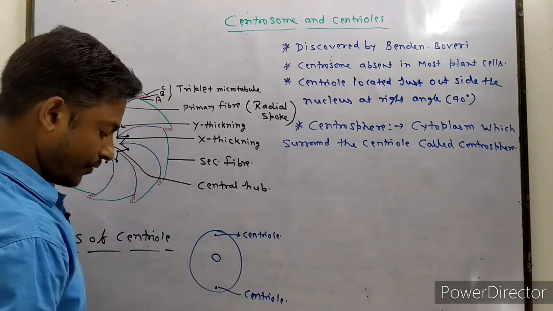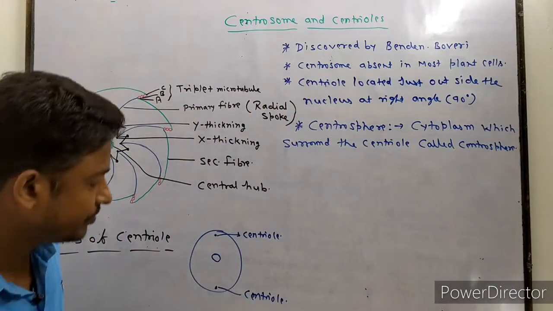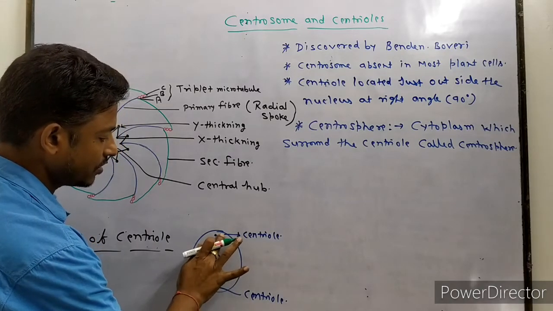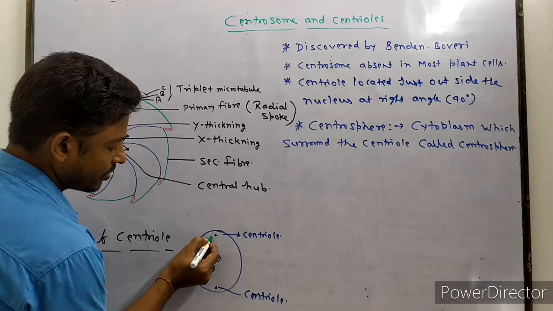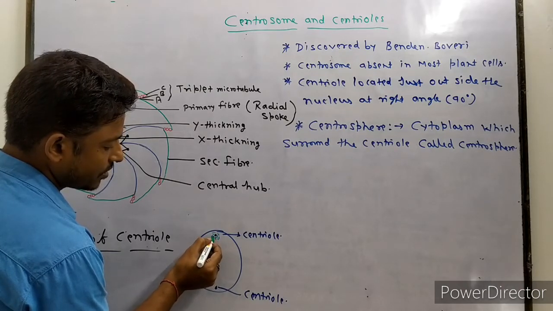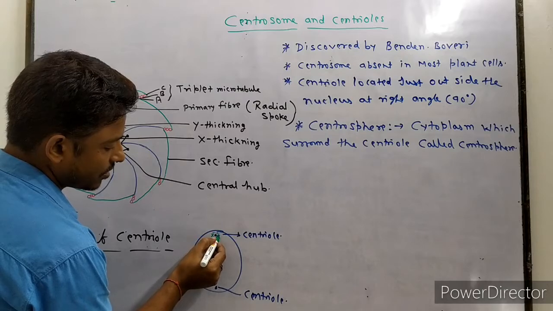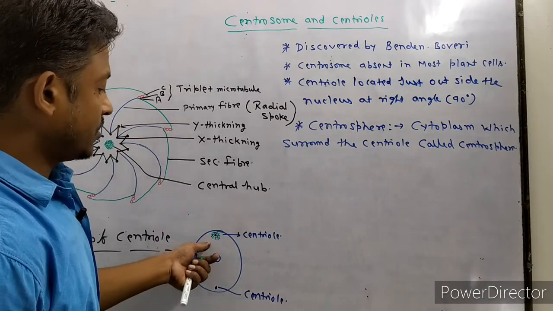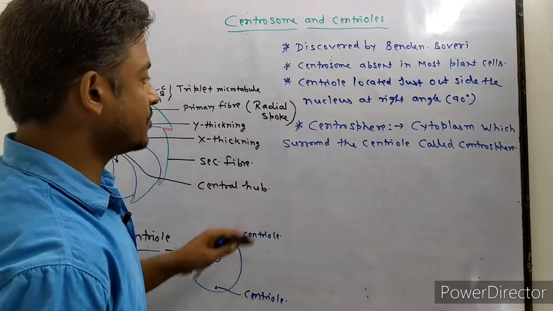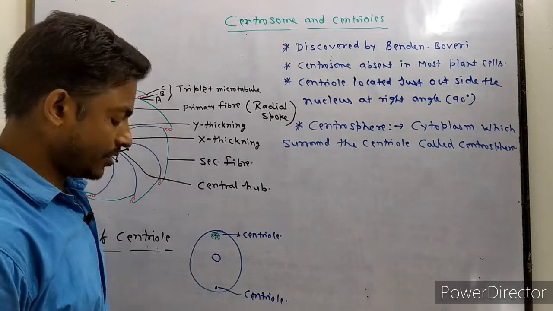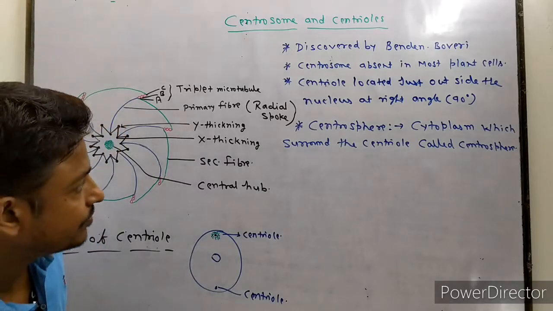If this is a centriole, here cytoplasm is also present, so the cytoplasm surrounding the centriole is called centrosphere. Okay, next.